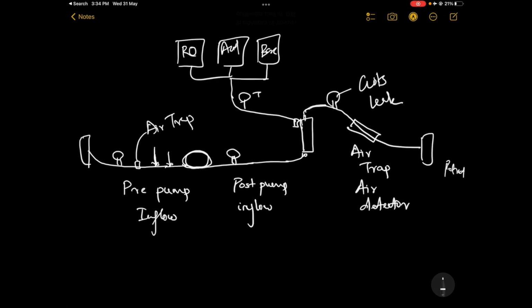Here we have a temperature probe to keep between 35 to 38 degrees Celsius. Okay, and we have a conductivity sensor to know the concentration of the dialysate fluid.